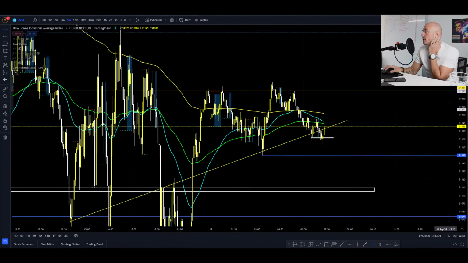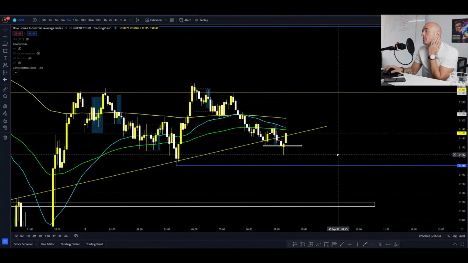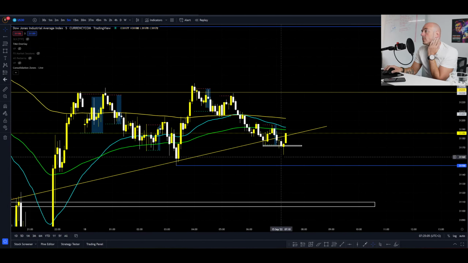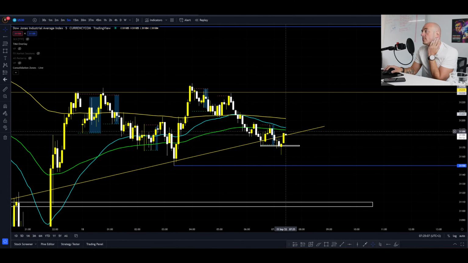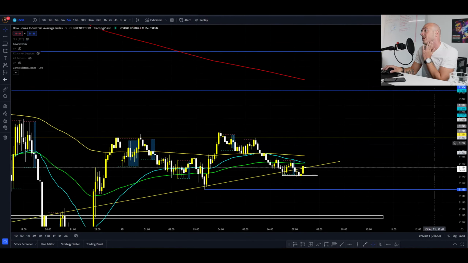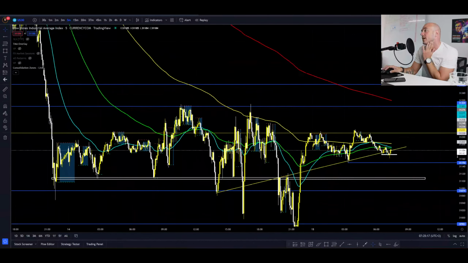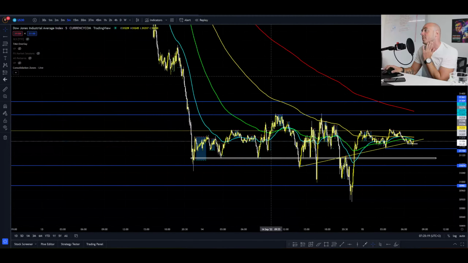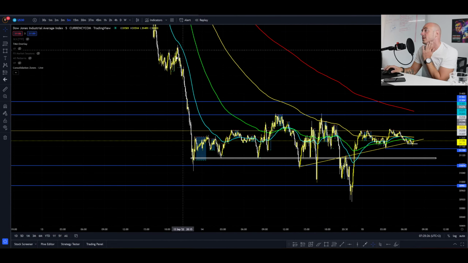All right. So we wicked that zone. And now we're coming up above that trend. I feel like with that huge move down, this is a huge imbalance. Like it wants to come up. It wants to get up here to get more sell orders.